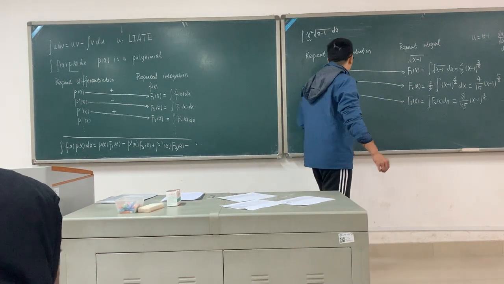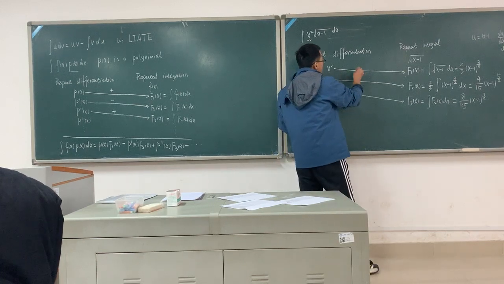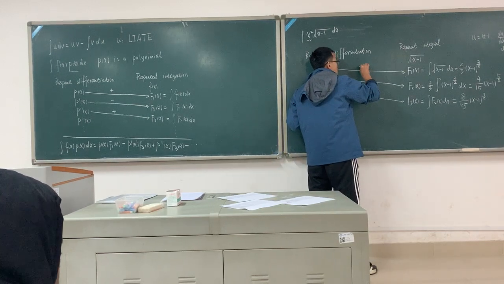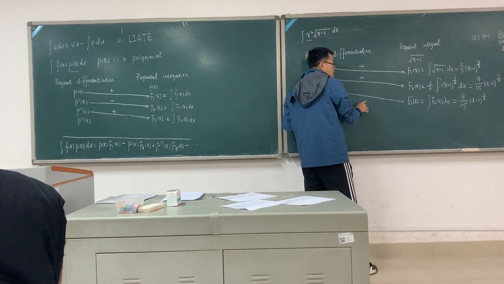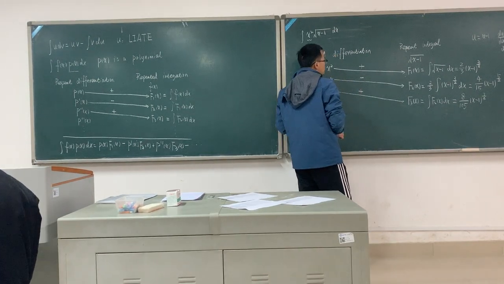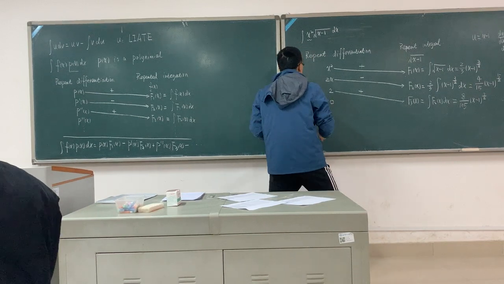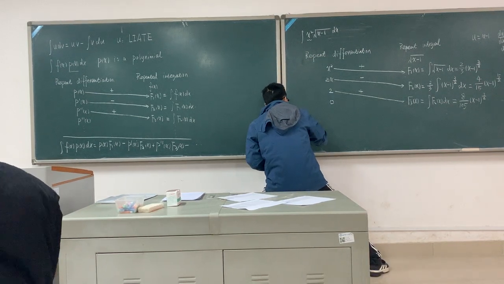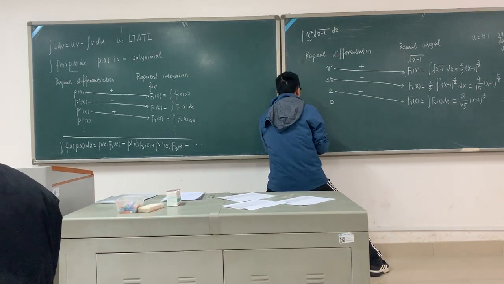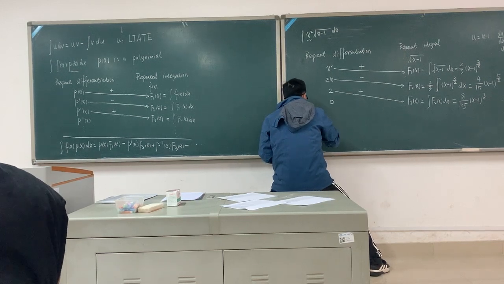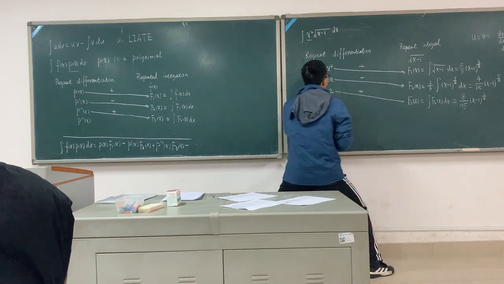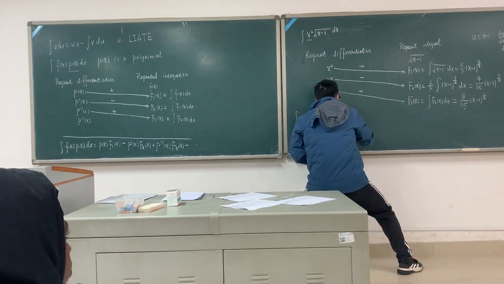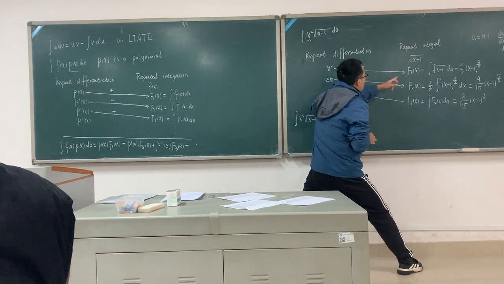Since the first sign is plus, the second is minus, so the third is plus. So the result tells us that the antiderivative of x squared times the square root of x minus 1 dx equals x squared times F1.